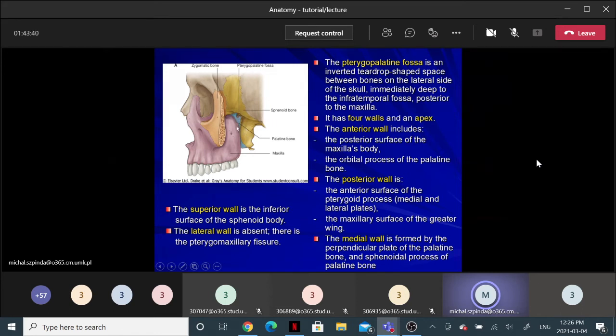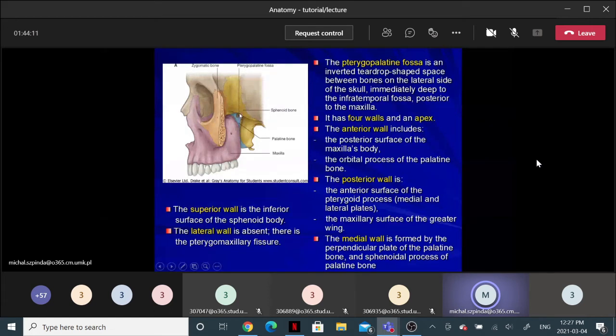So its medial wall is composed of the perpendicular plate of palatine bone and its sphenoidal process. Two parts of the palatine bone compose the medial wall of the pterygopalatine fossa. The lateral wall is lacking.